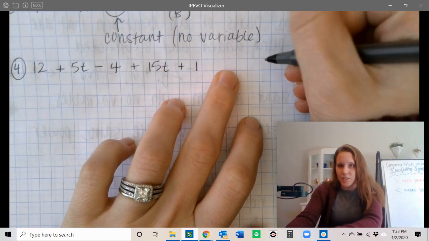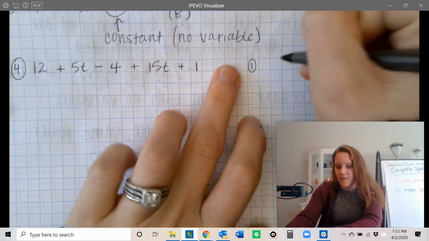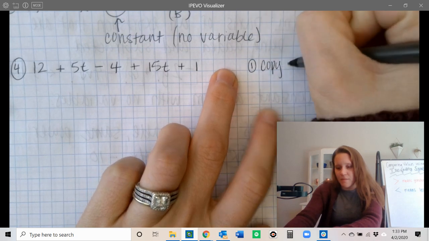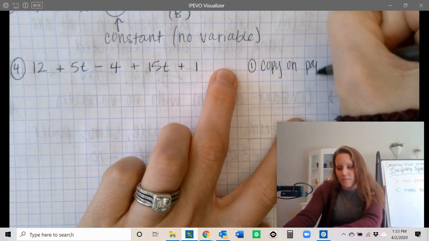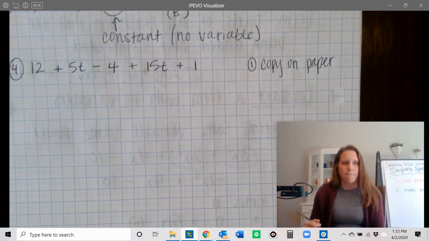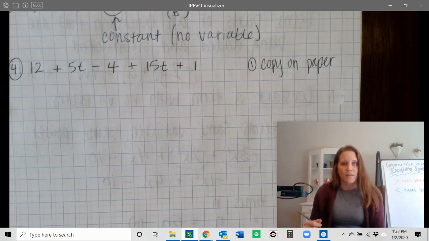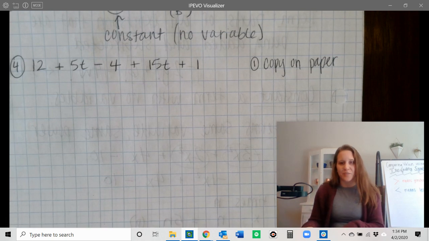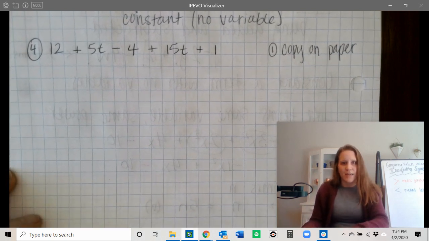So the first thing I'm going to do, what I did in this step, is copy on my paper. We just did that. The second thing I'm going to do, and I'm going to skip lines so my notes are really clear. Feel free to do that too if you'd like.